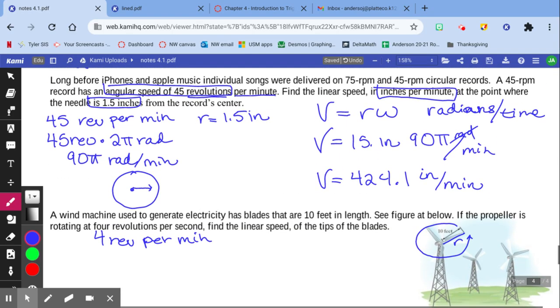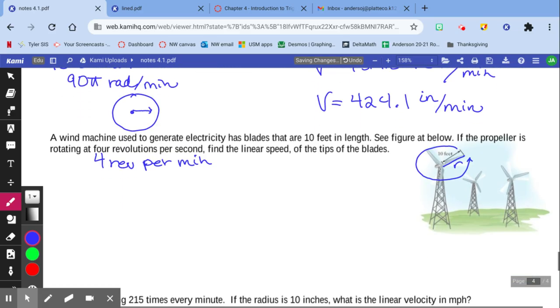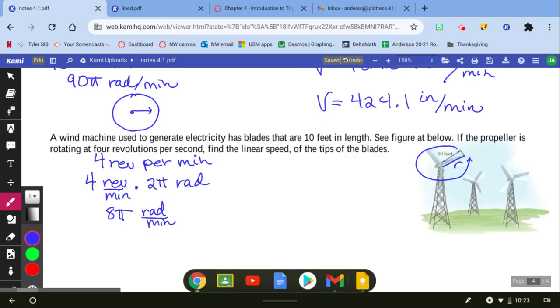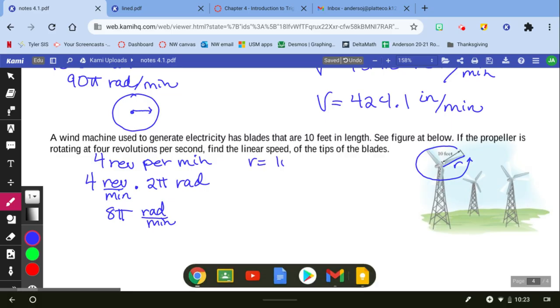So here you're kind of back to this problem again. We know 4 revolutions per minute times 2 pi radians, so that will then go to 8 pi radians per minute. So we've done our conversions. We know our radius is 10.